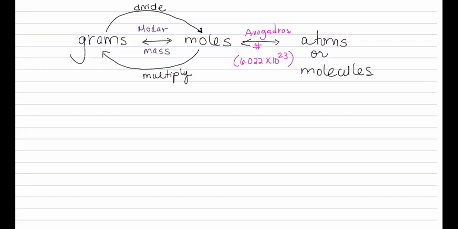And remember that the unit for that is going to be atoms in the case of elements, like what we have in this problem, or molecules if we are talking about a compound. And like it was said on the chat, if we're going from moles to atoms, okay?